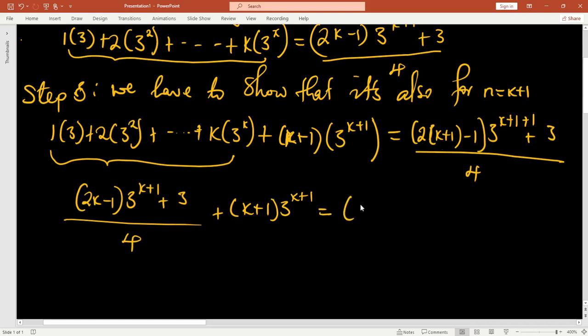So here we have 2k, so that's going to be 2 minus 1, we're just going to have plus 1, so 2k plus 1, then we have 3k plus 2 plus 3 divided by 4.